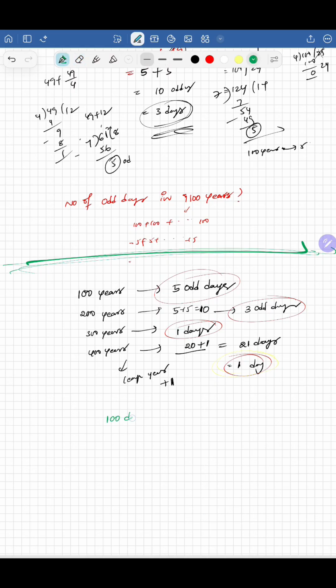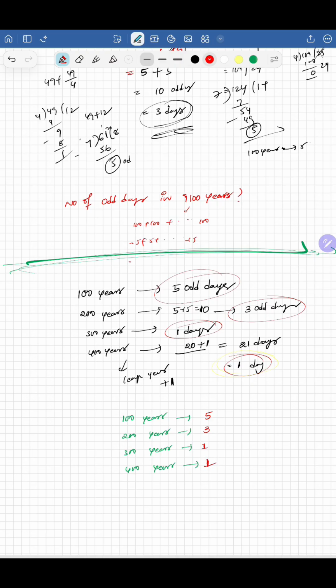In 100 years, 200 years, 300 years, 400 years, number of odd days how many? In 100 years, 5. In 200 years, number of odd days how many? 3. 300 years, number of odd days, 1.